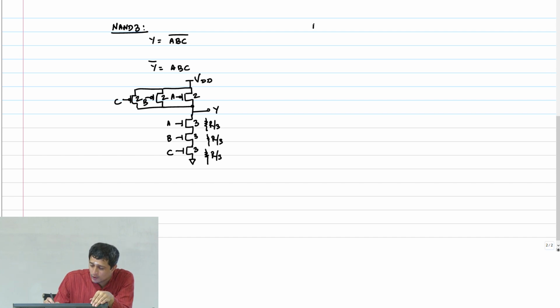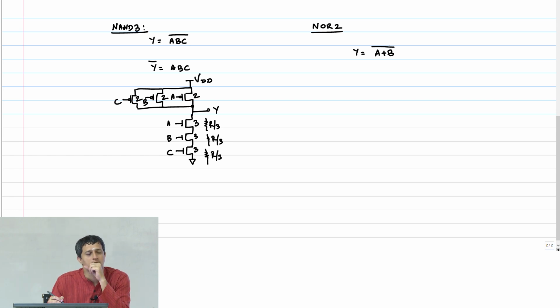Okay, so now let's look at the NOR gate, NOR 2. Y equals A plus B whole bar. So can you just draw the NMOS and PMOS stack first?